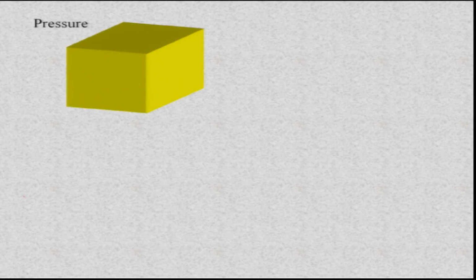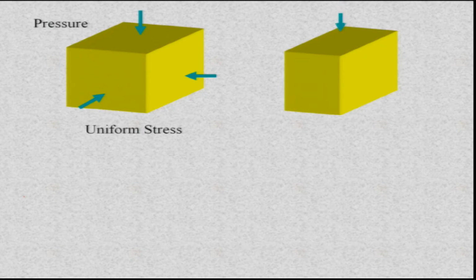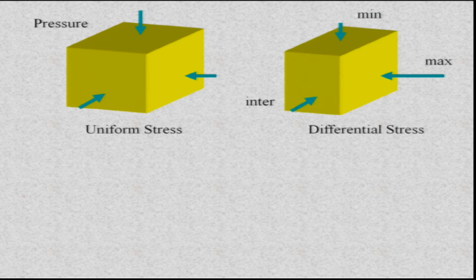So pressure is extremely important. If sigma 1, sigma 2, and sigma 3 are all the same, then you will have uniform deformation, under uniform stresses. But suppose there is a difference in sigma 1, sigma 2, and sigma 3, so you have maximum, minimum, and intermediate stresses, then you will have directional deformation, or what we call differential stress.